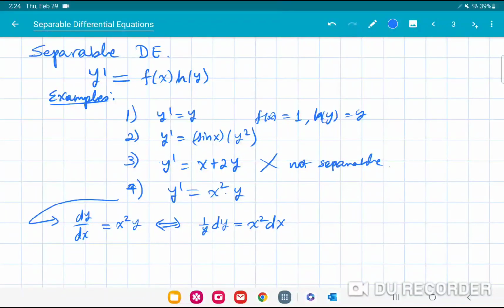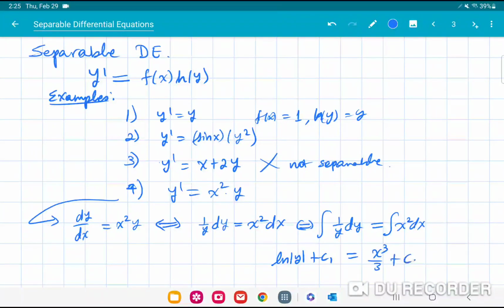I just brought the y over to the side. So 1 over y dy is x squared dx. So if we integrate the left side, it's only a function of y, we can integrate that. And the right side, it's only a function of x, we can integrate this. So the integral of 1 over y dy is natural log of y plus c1. And the integral of x squared is x cubed over 3 plus c.